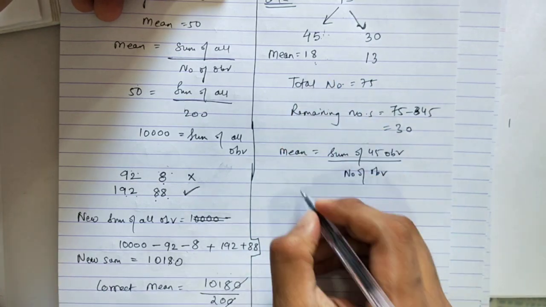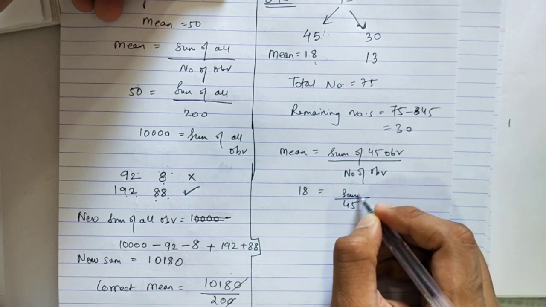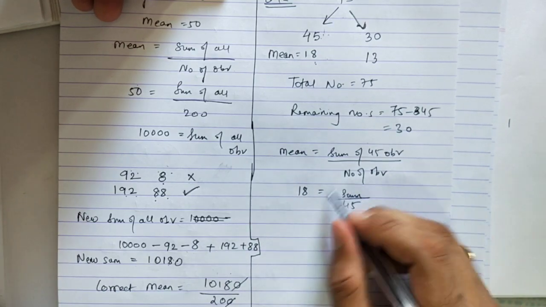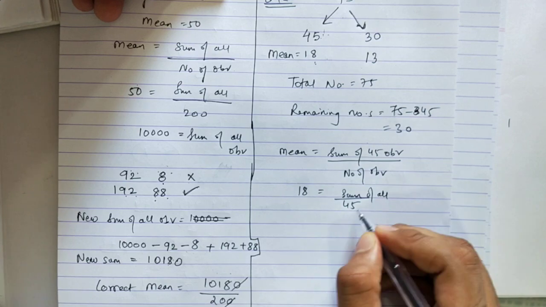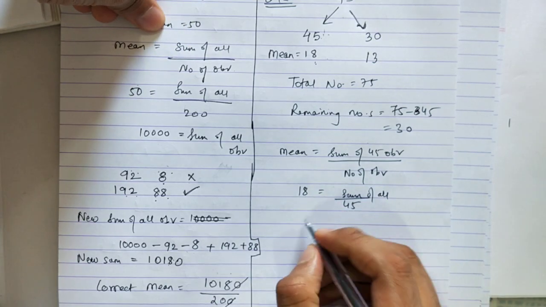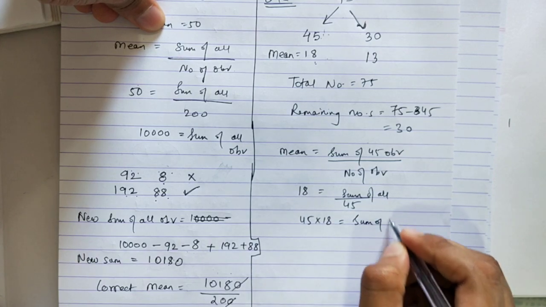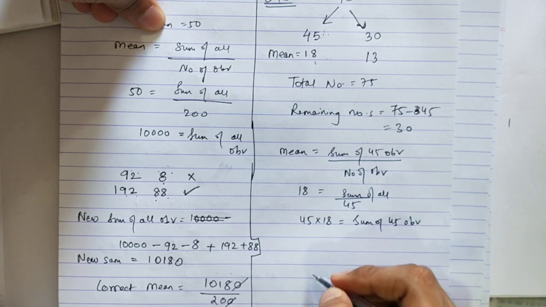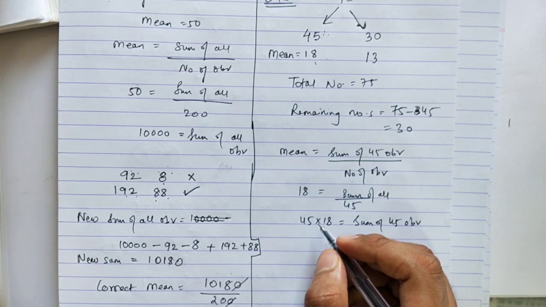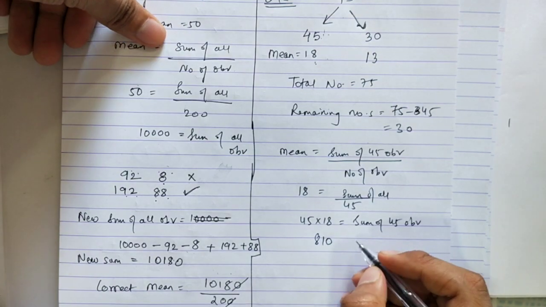Mean of 45 numbers is 18, so the total will be 45 into 18. Sum of 45 observations, 45 into 18. Here you will get the answer as 810.